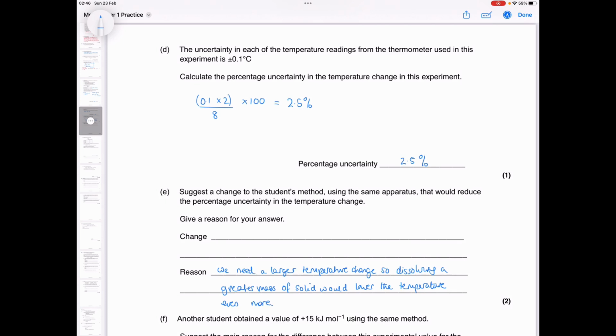So the change is to measure a higher amount of ammonium nitrate to dissolve in the water.